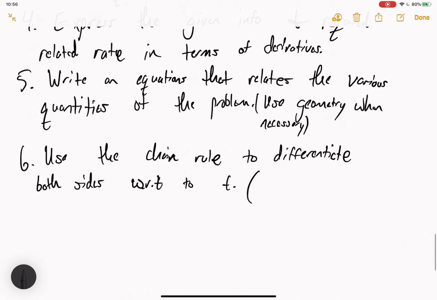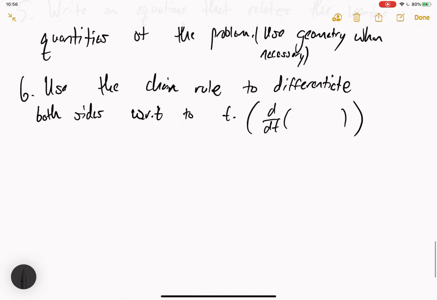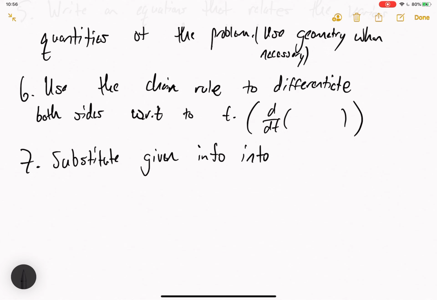So basically what we did was d/dt of our whole equation. Then lastly, we substitute the given info into the resulting equation.